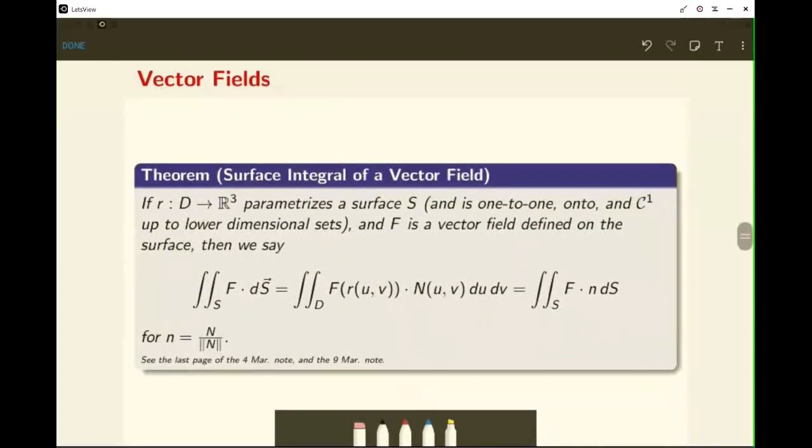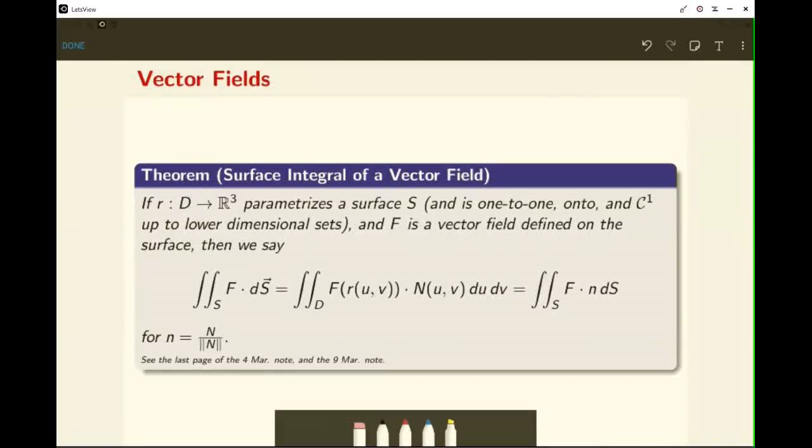The other kind of surface integral that we're sometimes interested in is the integral of a vector field dotted with the vector version of the surface element ds. And so here I've put in the notation, I sometimes drop the vector hats, but I am highlighting it on this one.